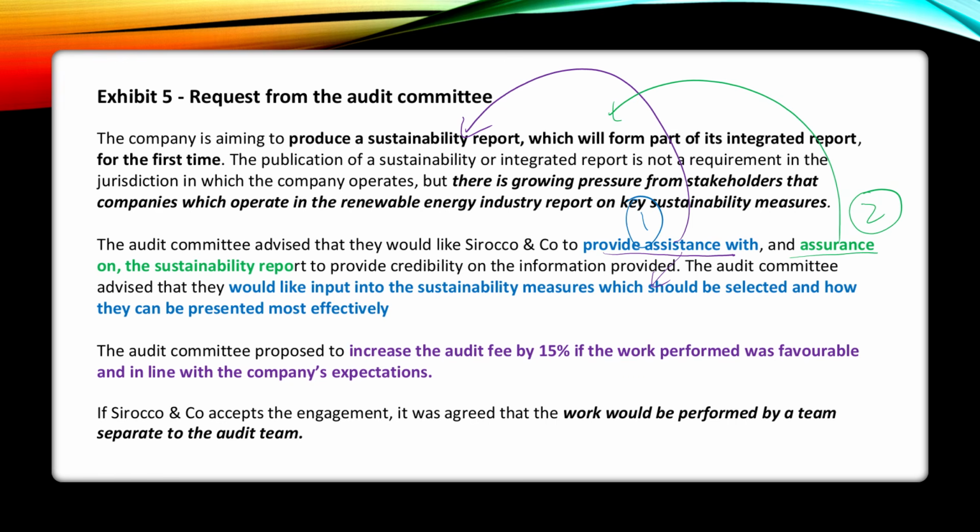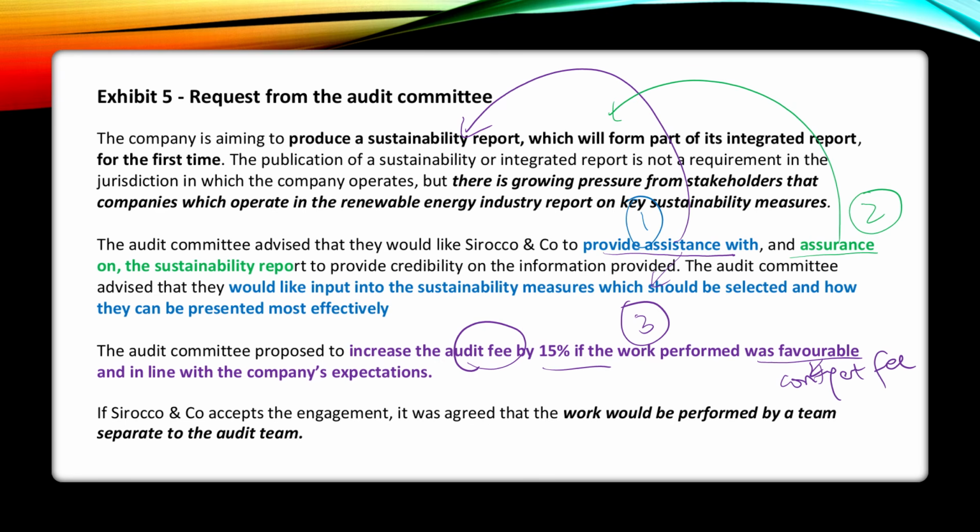And then they have said for these engagements, audit fee will increase by 15% and only if the work is favorable and in line with the company's expectations. Remember, each engagement needs to have a separate engagement letter and separate fee, and this favorable expectation is basically a contingent fee.